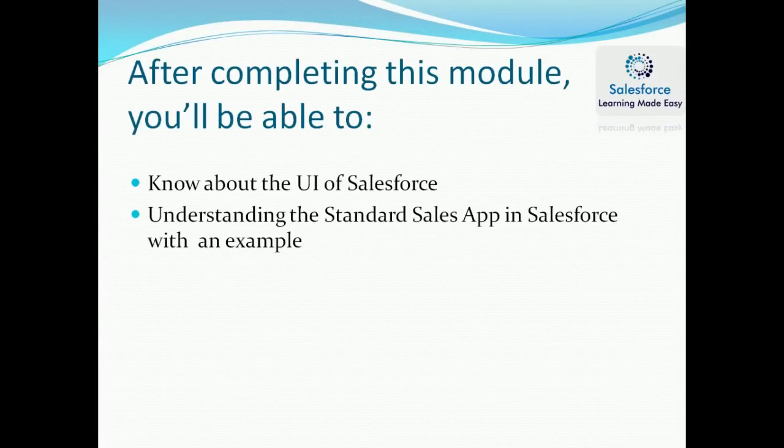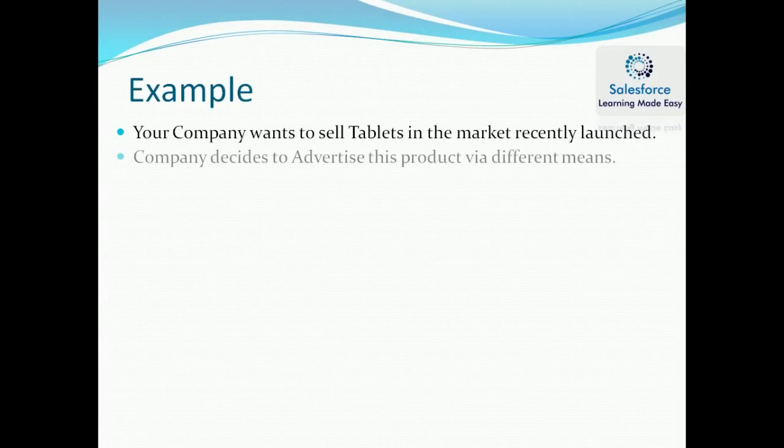Okay, now our example is, your company wants to sell tablets in a market. You know, 5.7 or 6 inch screen tablets are available recently, which were launched. The company decides to advertise this product via different means, that is newspaper media, print media, social media, various different means which are available.